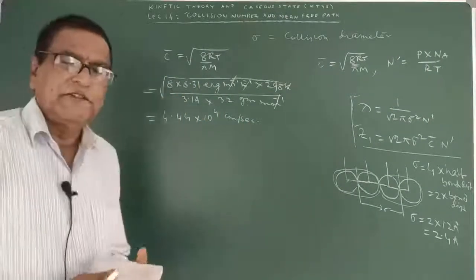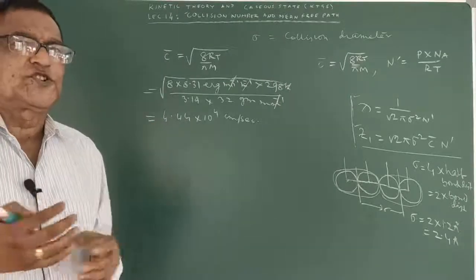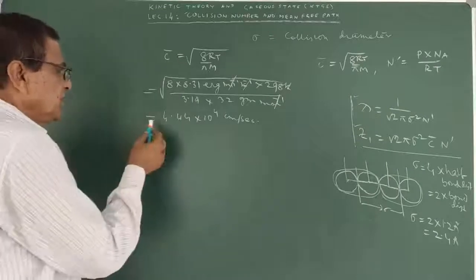So this is a very high velocity of oxygen at room temperature and pressure.